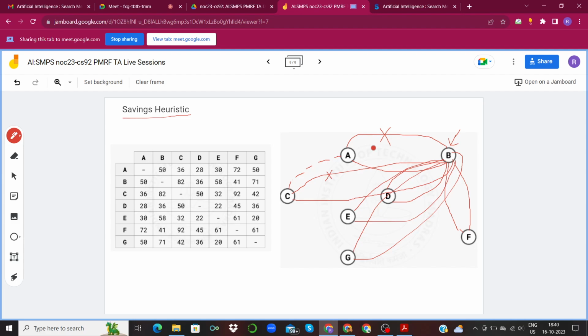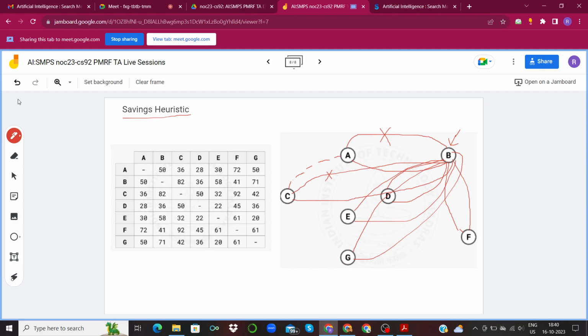That is essentially what savings means. Basically, the cost of removal of two edges being compensated by this additional edge between A and C, or some pair of nodes over here, that is your cost, which will help you decide which two edges to remove, right? And you will repeat that process for different pairs of nodes until you find a tour that visits each node exactly once and also is the lowest cost.